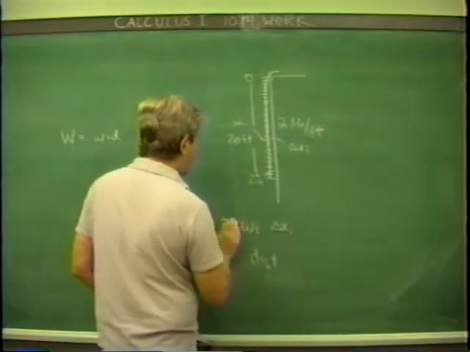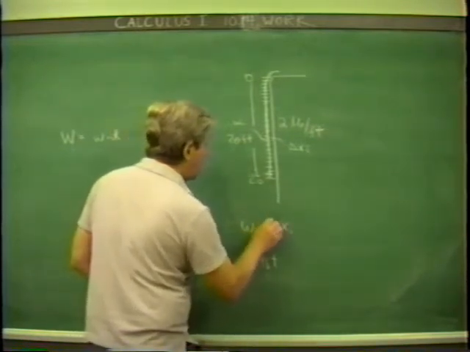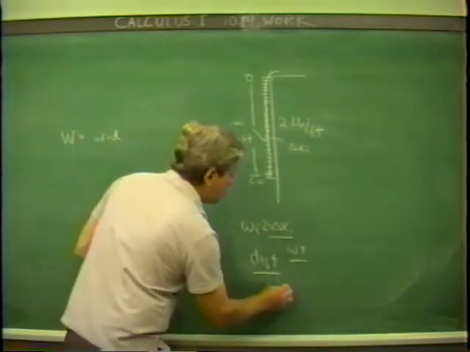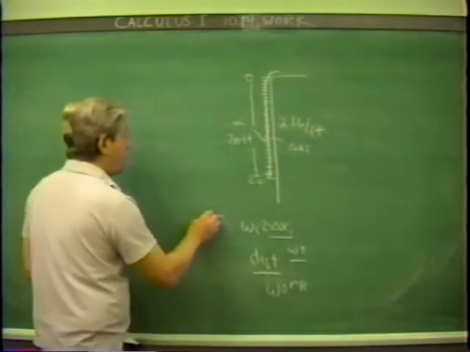The weight of the chain is 2 times delta xi. So that's 2 delta xi is the weight.